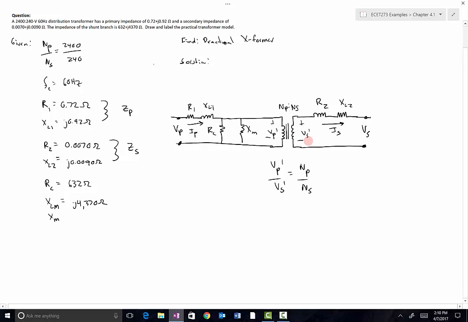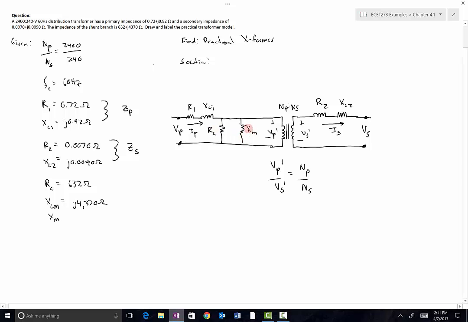If, which is very common, you ignore these two, then IP flows through this coil and IS flows through this coil, and you can relate them, but only when you're able to ignore those.